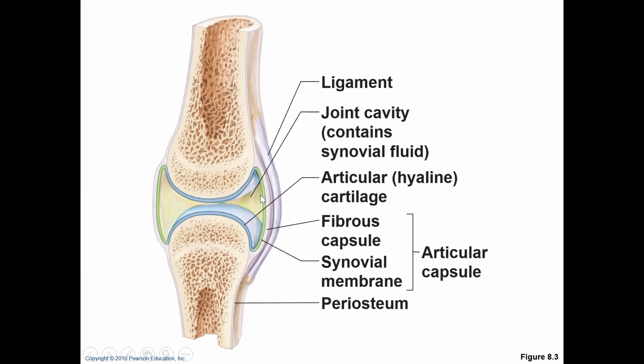The capsule itself, in green here, has that inner synovial membrane, a loose connective tissue with capillaries that produces the synovial fluid that provides oxygen and nutrients to the avascular cartilage at the end of the long bone. Part of the capsule is also a fibrous portion of dense, irregular connective tissue, and it shows us here a ligament surrounding the two bones. A ligament is dense connective tissue that connects two bones.